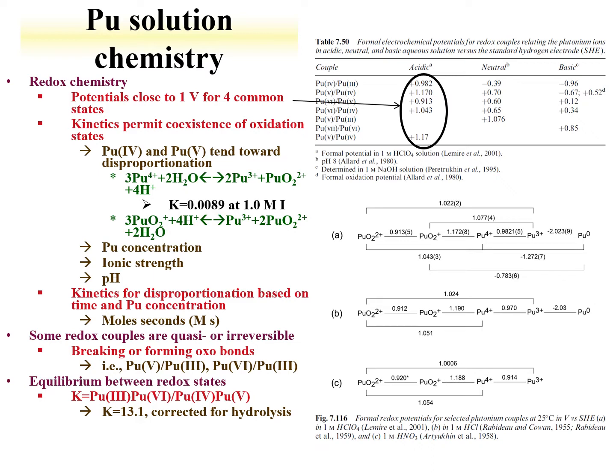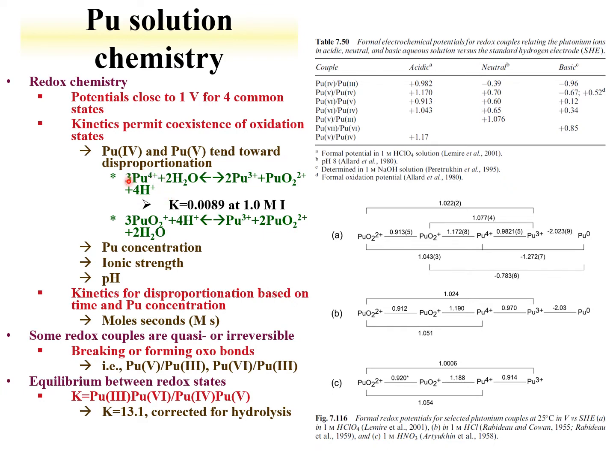Now there are some trends. For instance, plutonium 4 and 5 will tend towards disproportionation, and here's an example of the 4 in the presence of water going to the 3 and the 6 with some protons given off.